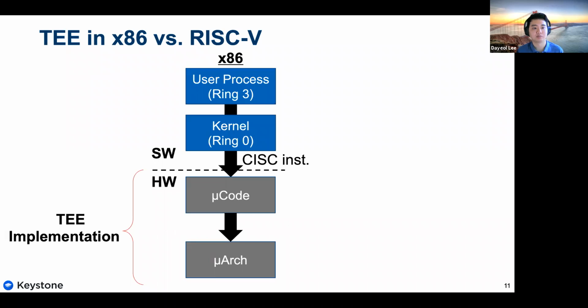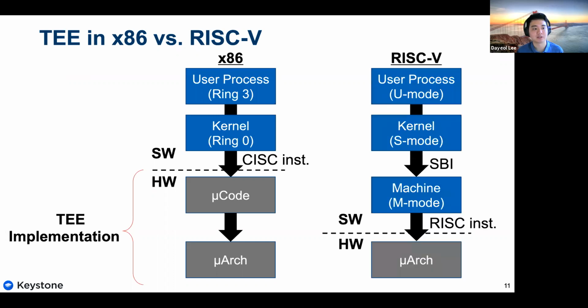For example, in Intel SGX, most of the features are basically implemented as CISC instructions, which are implemented in the microcode. In RISC-V, however, since it's a RISC architecture, there are currently 3 software privilege modes: user mode, which is U mode, the kernel privilege, which is supervisor mode, or S mode, and then the machine mode, or M mode, which corresponds to the microcode in CISC architecture.